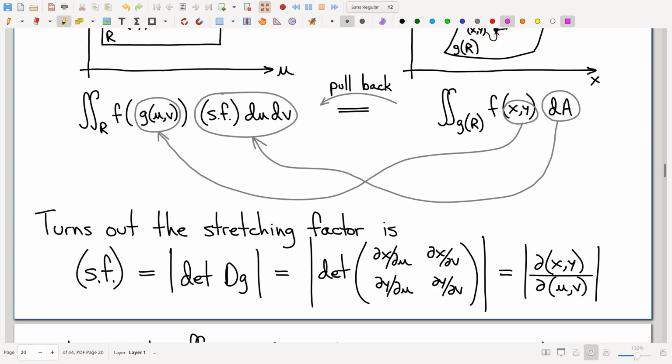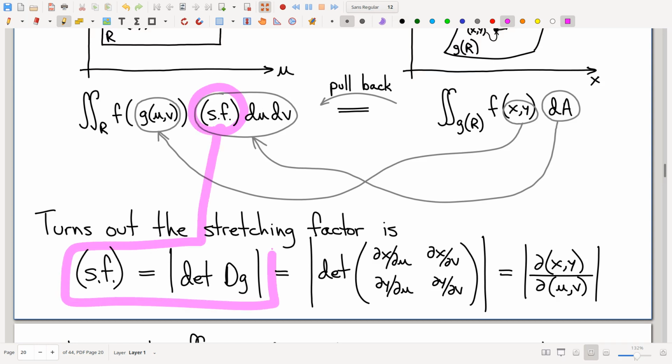And the thing is, there's already a lot going on with this. I think it's very helpful to see some examples first. So I'm not going to prove this formula yet, but I will walk through the broad brushstrokes of the argument in a bit. For the moment, I'm just going to assert that the stretching factor is this formula.